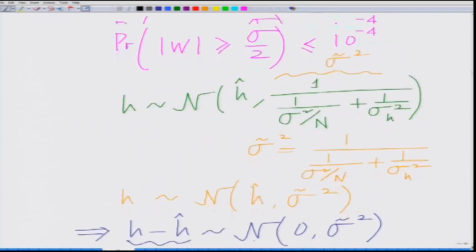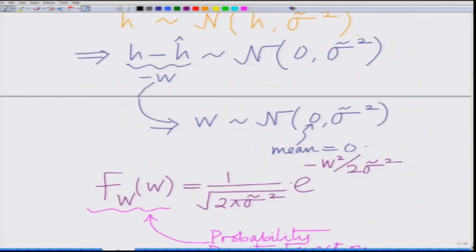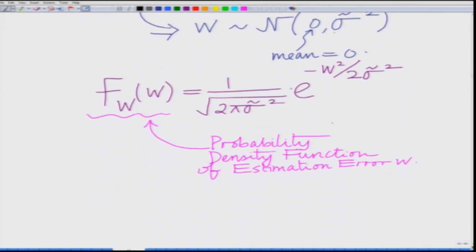And we have said that this mean square estimation error, that is, if you look at this estimation error, that is W, it is Gaussian with mean 0 and variance sigma tilde square. Therefore, its probability density function is 1 over square root of 2 pi sigma tilde square e raised to minus w square by 2 sigma tilde square. Okay.